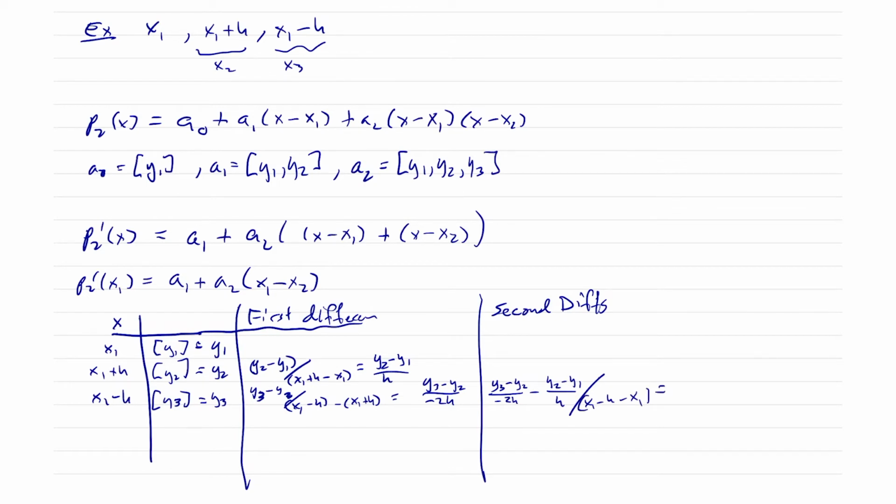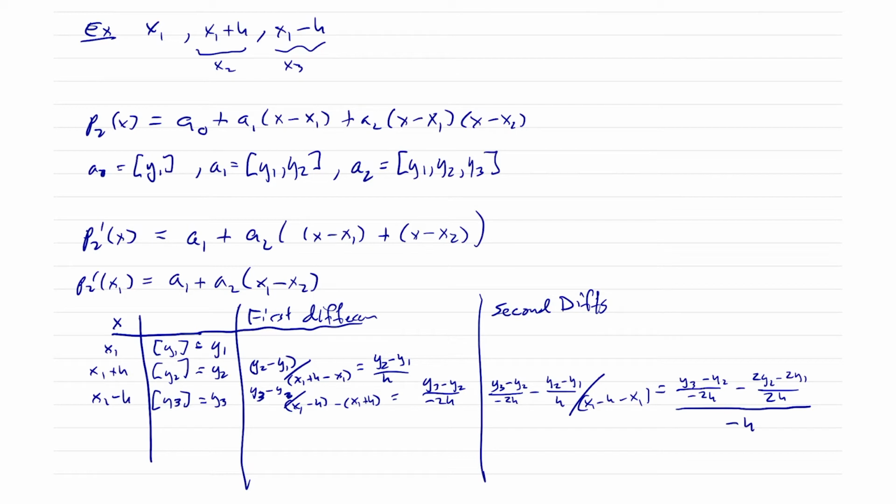So let's see what we get. Well, we're going to get y3 minus y2 divided by minus 2h, minus 2y2 minus 2y1 divided by 2h, and all of this divided by minus h.